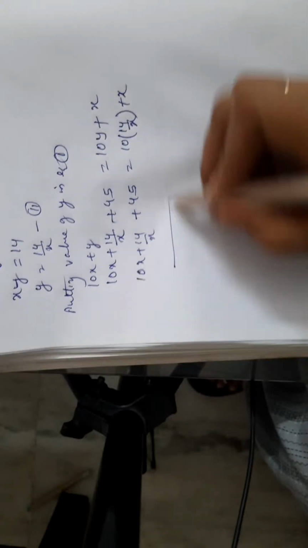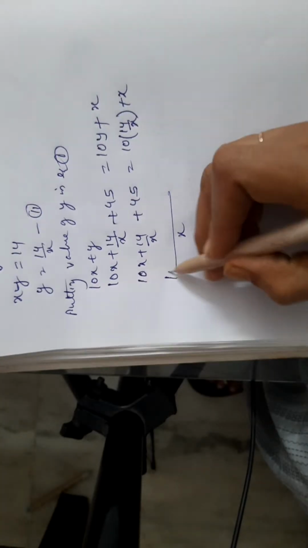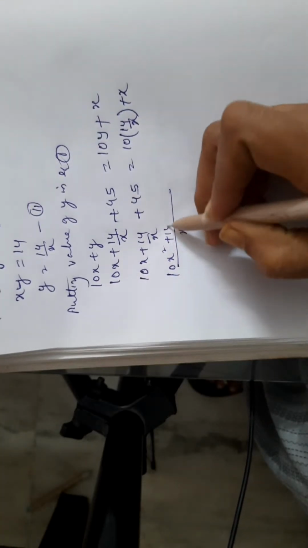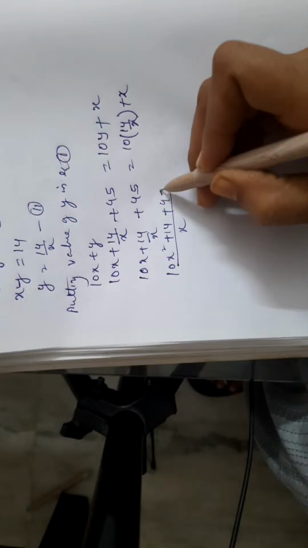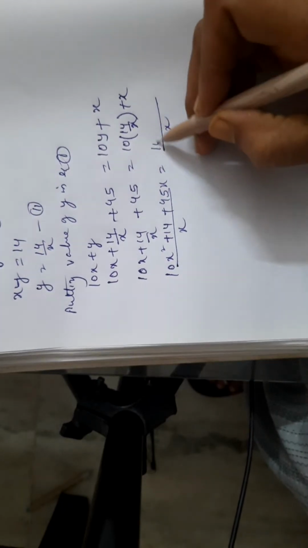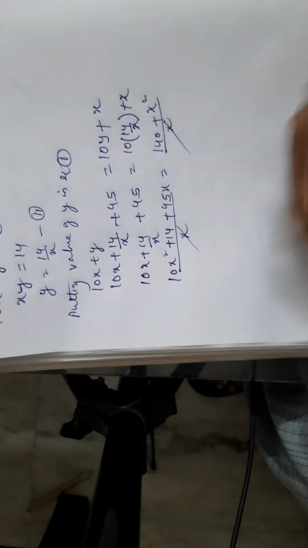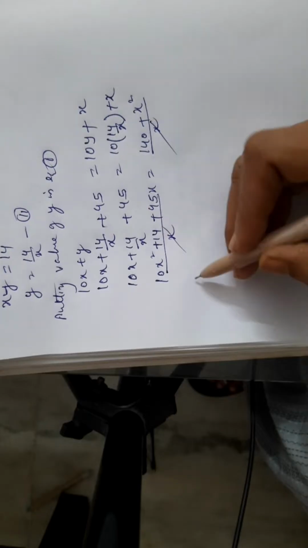Find out the LCM and solve for the solution here. x multiplied by 10, 10x square plus 14 plus 45x. Again x is there. 14 multiplied by 10 is 140 plus x square. x will get cancelled. Shifting all numbers together.